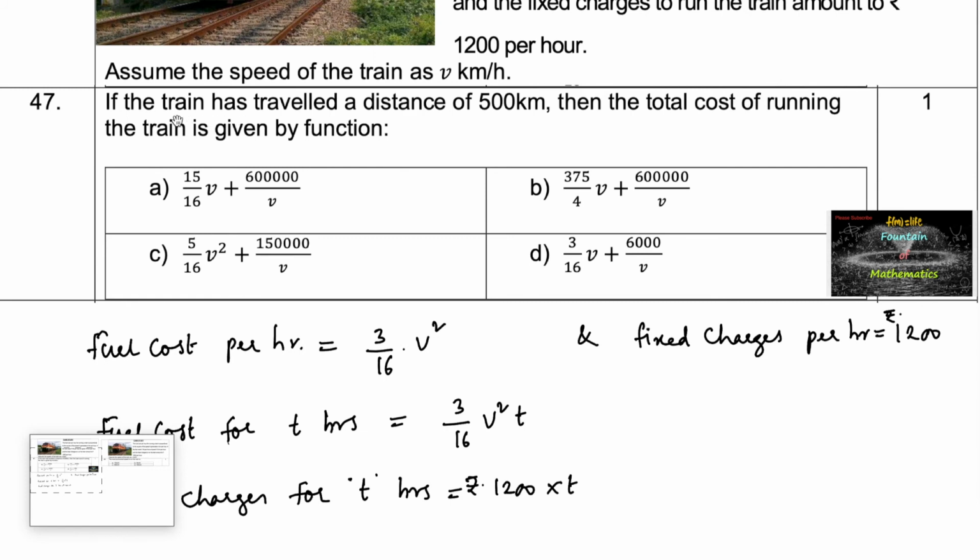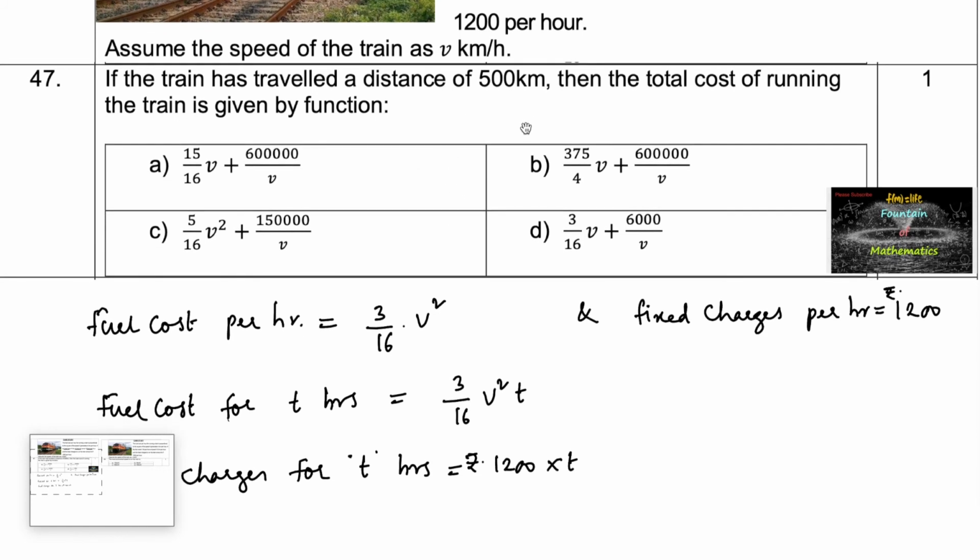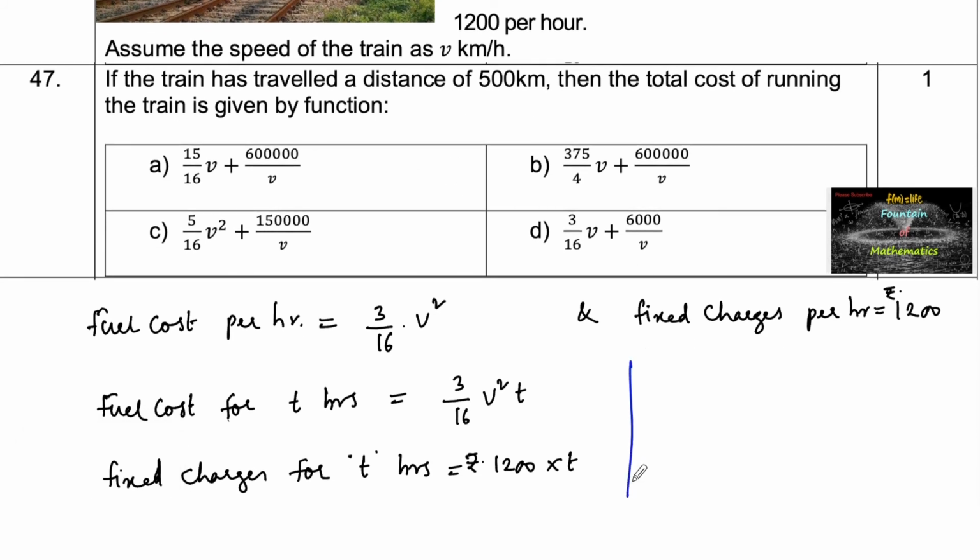And now if the train has traveled a distance of 500 kilometers, since we know the relation speed is equal to distance per time, so we can write time is equal to distance upon speed.